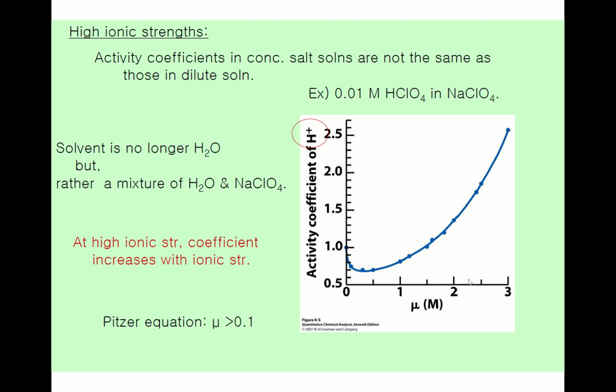This part, especially at higher ionic strengths, the behavior of the activity coefficient cannot be explained by Debye-Hückel theory. You need a quite different theory, which is quite beyond the undergraduate course. At high ionic strength, the activity coefficient increases with ionic strength.